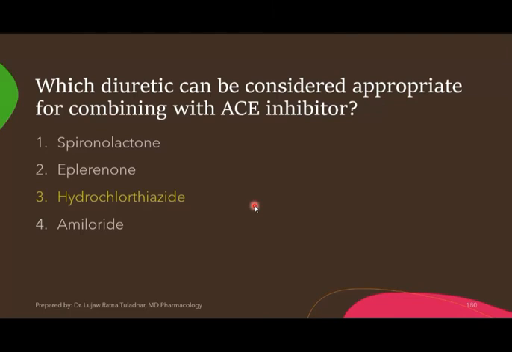But when you look at these options, if you look at your first option, which is spironolactone, the second option, which is Eplerenone, and the fourth option, which is Amiloride, all of these three drugs belong to the same category, that is potassium sparing diuretics. So sometimes the question is put in such a way that for all the rest of the options, the mechanism of action is the same, except for one.